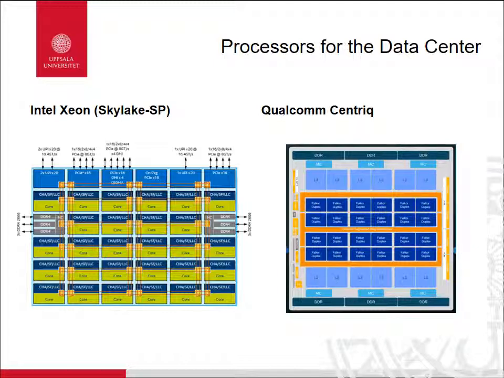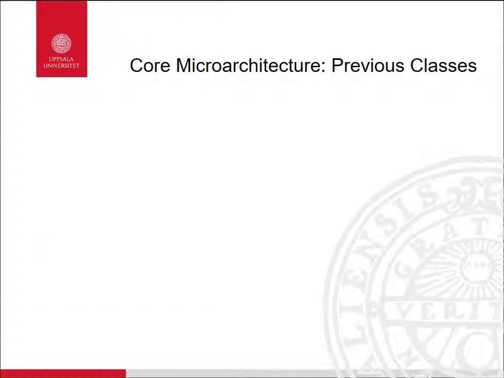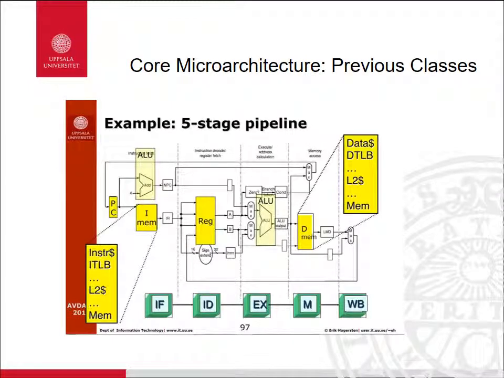In the next section, we'll start by looking more closely at the microarchitecture of the processor core. You have already seen some basic core designs. In previous lectures, Eric walked you through the evolution of the core design through the years. You started off with the concept of a pipeline that splits instructions into smaller steps. Pipelined processors can run at higher frequency as their smaller stages can fit in smaller cycles.